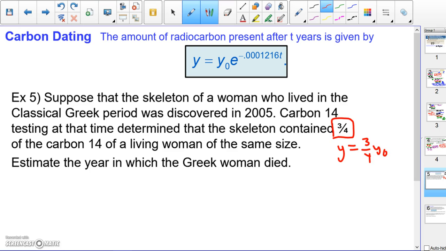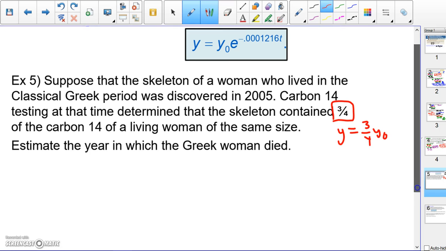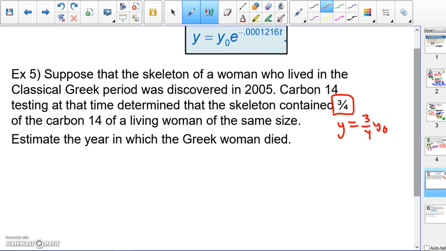So that's how we're going to deal with this problem: we're going to take that formula, and instead of the y in the formula, we're going to plug in 3/4 of the starting amount. So 3/4 y0 equals y0 times e to the negative 0.00012116 t. t is what we're trying to find.